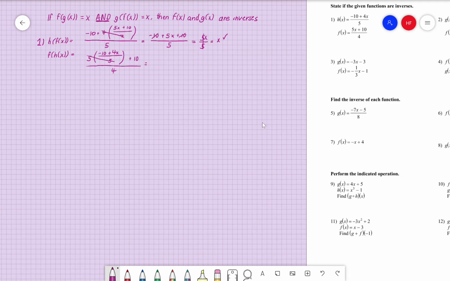We've got those two canceling each other out, leaving me with -10 plus 4x plus 10 over 4. -10 plus 10, they cancel each other out. We get 4x over 4, which 4 and 4 cancel each other out, which leaves me with just x. So even though we had some funky fractions going on, we had a lot of things that canceled each other out, and we ended up with x and x for both. So on number 1, these two are inverses.